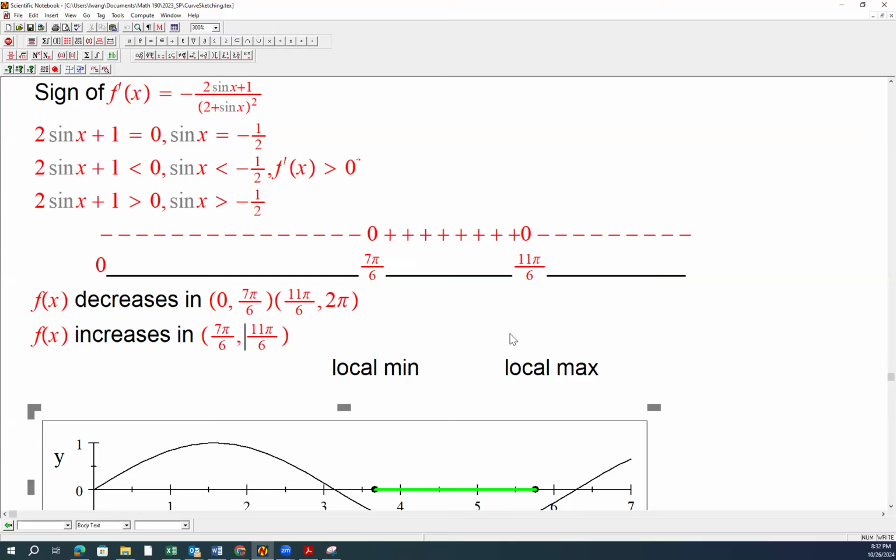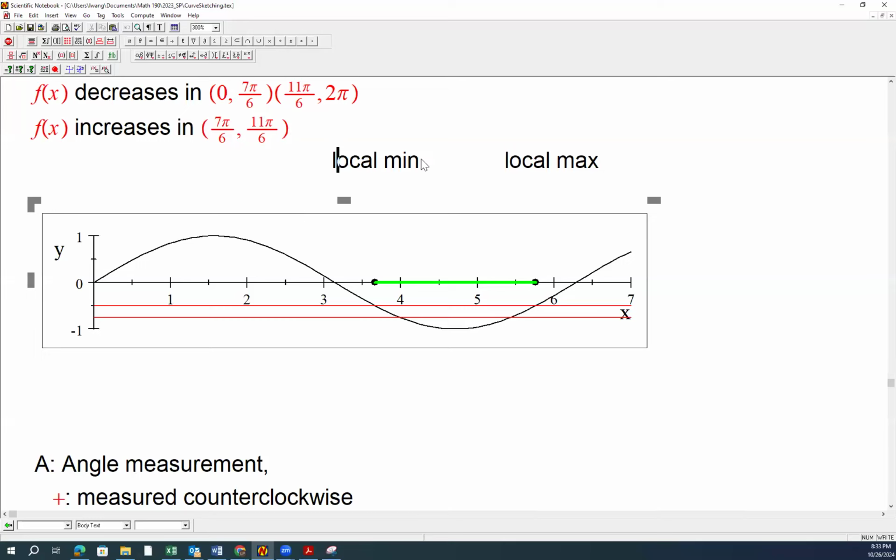We put the smaller number on the left. Because the function is periodic, right now we have not considered the entire number line. We're considering basically from 0 to 2 pi. We're going to come back to it.